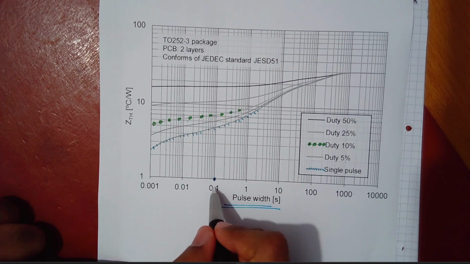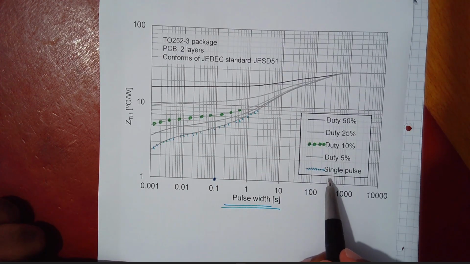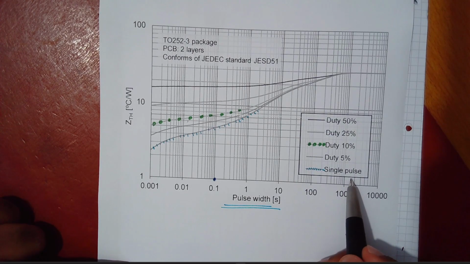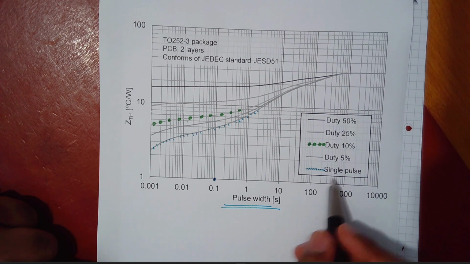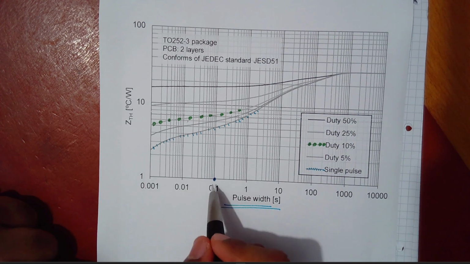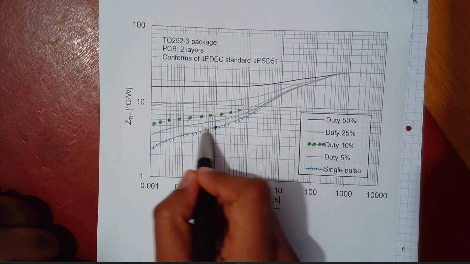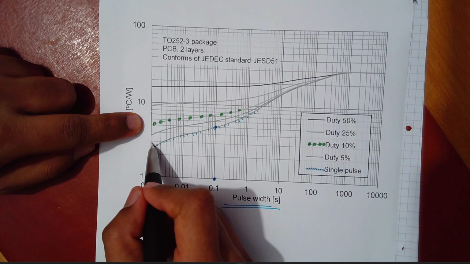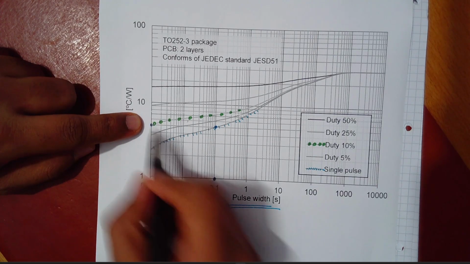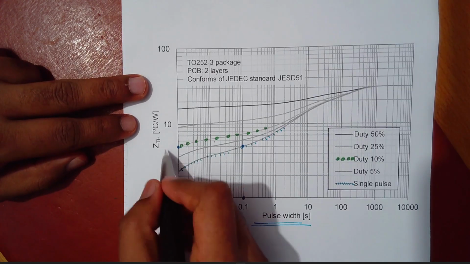And this would represent, now there are a bunch of curves here, but we need to consider single pulse since there is no periodical application of the power. In that case, it's single pulse with the lowermost curve. At 0.1 seconds, we would read here. And that would give us a value of 1, 2, 3, 4, 5. So this curve is then giving us a value of 5 here.